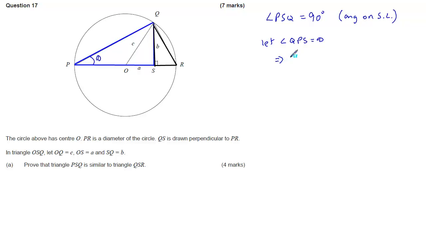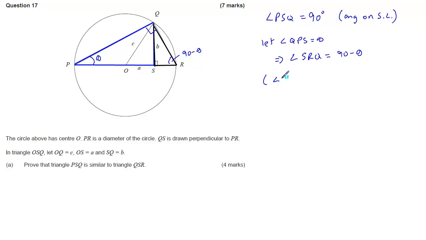That means that angle SRQ is equal to 90 minus theta. So this one here would be 90 minus theta. And there's two reasons there.